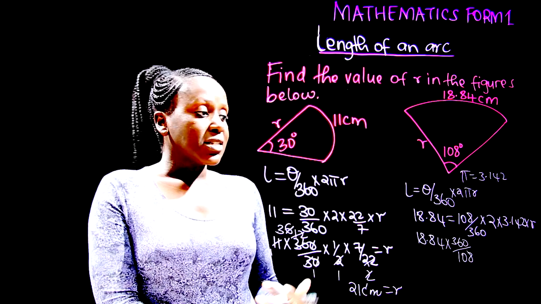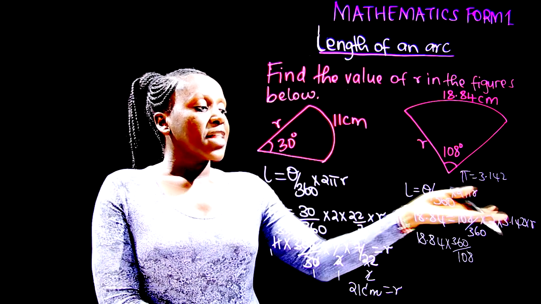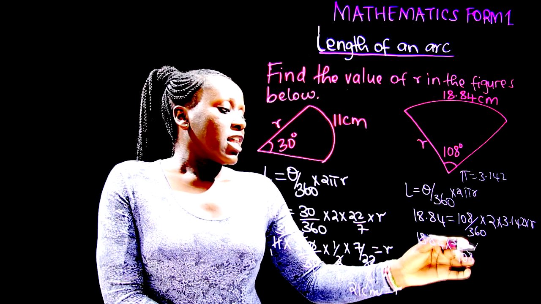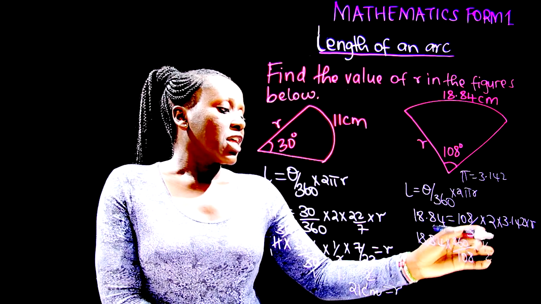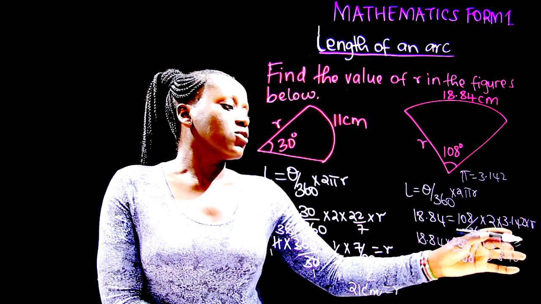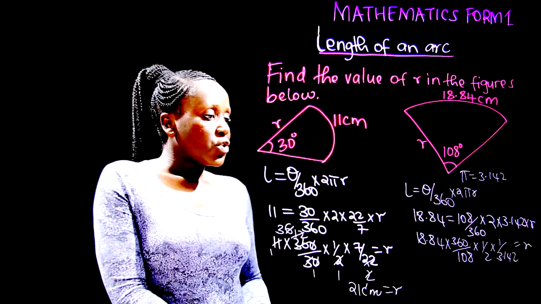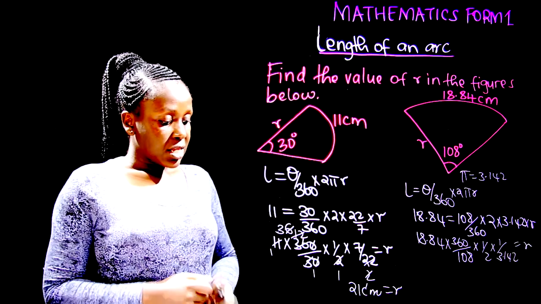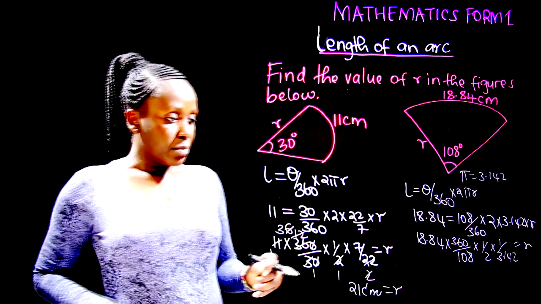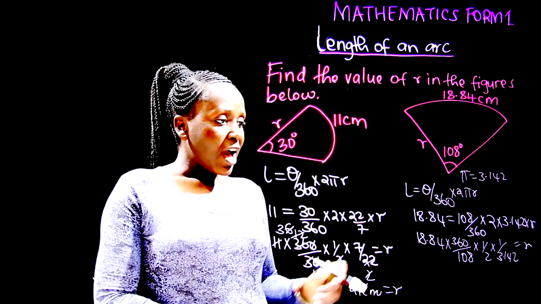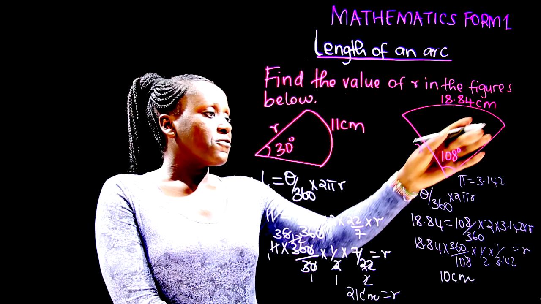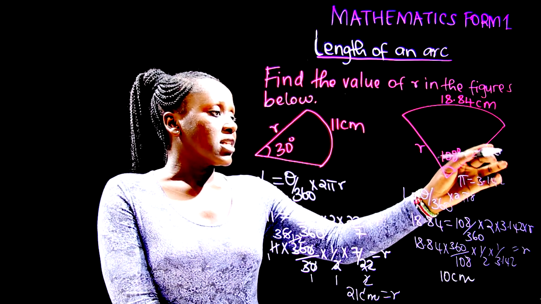By now we have learned that if you bring anything that is being multiplied to this side, we reciprocate it. Then 2 will become a half, then 1 over 3.142, and this will be equal to r. You work this out, you simplify, and then you multiply to obtain the value of r as 10 centimeters. So the value of this radius is 10 centimeters.